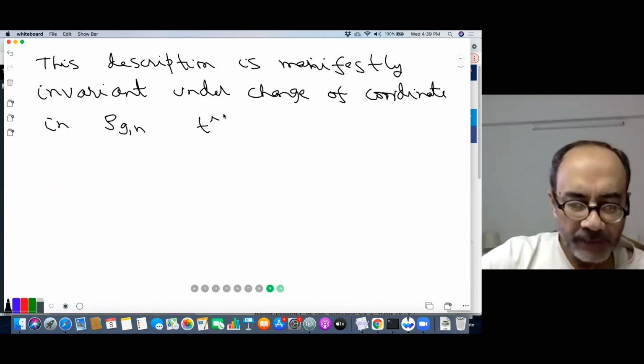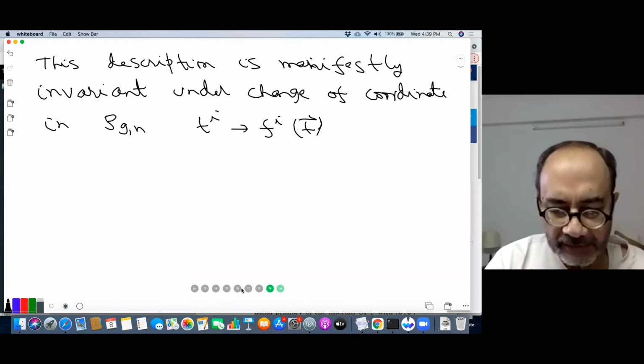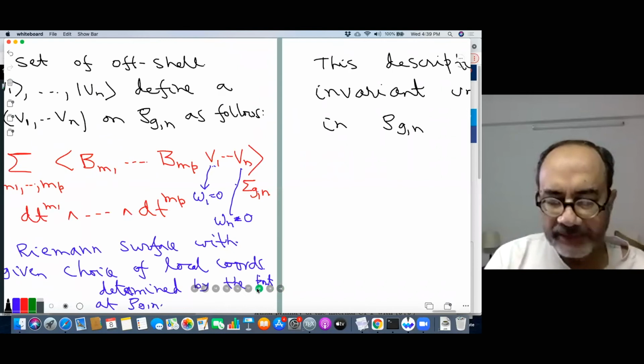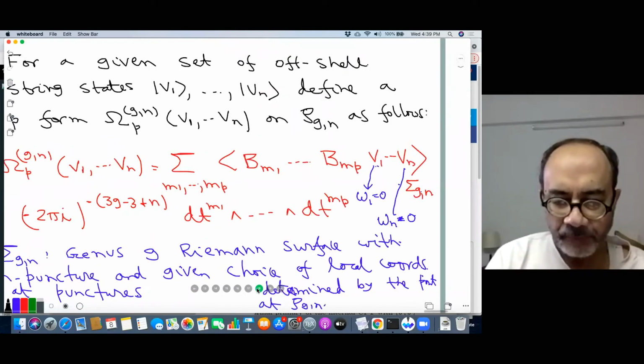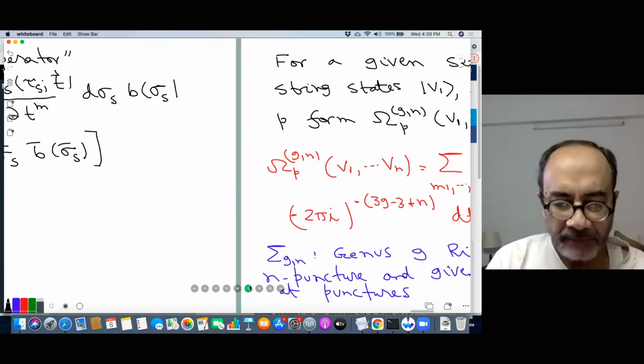Namely, if you take t_i to some function of t, the form remains manifestly invariant. You can see this easily: when you change t to some function of t, the dt of course changes by f prime of t dt. But if you remember the definition of B, it has this del by del t.